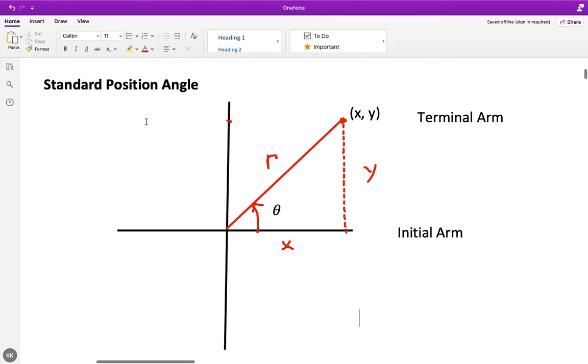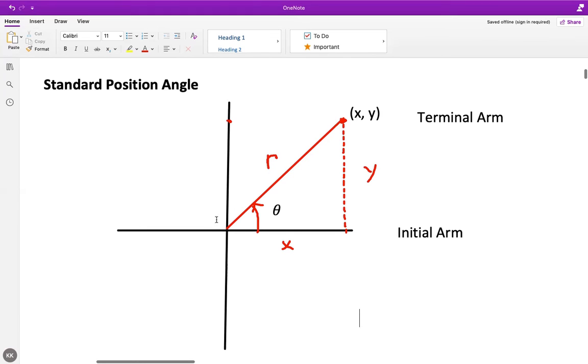A standard position angle is an angle which starts from the positive x-axis and rotates in the counterclockwise direction. The angle stops rotating at this red line, which is called the radius.